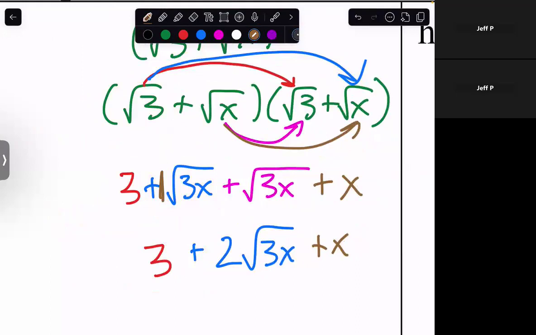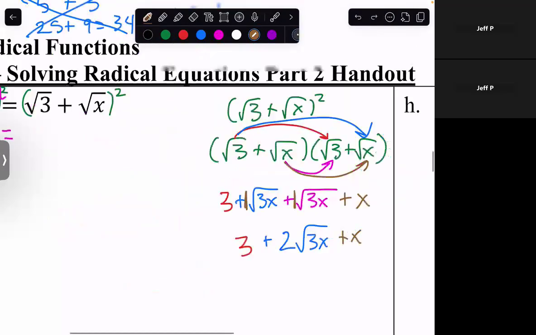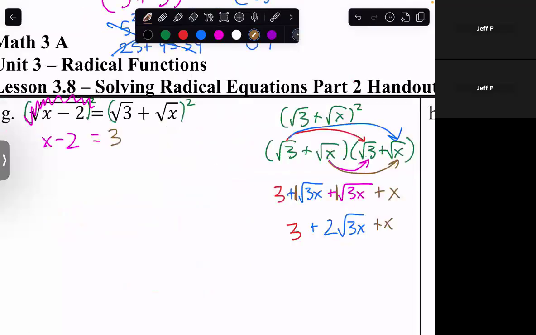You can imagine invisible ones if you want. Just like how x plus x would be 2x, radical 3x plus another radical 3x combines to 2 radical 3x. So over on the right side, we now know that this is equal to 3 plus 2 radical 3x plus x.